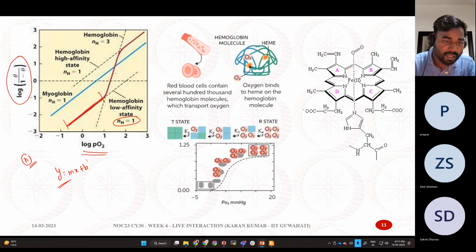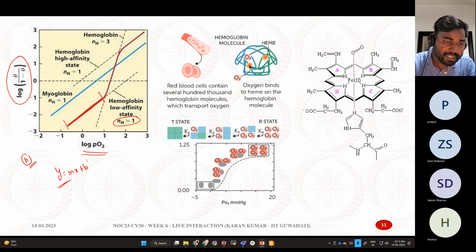And that will be the case when it is completely saturated also. When it is completely saturated, then again the Hill coefficient will become 1, meaning it will not show cooperativity. But in between, when one oxygen has bound to one subunit, then it will show cooperativity and rapidly it will adopt complete oxygen binding.